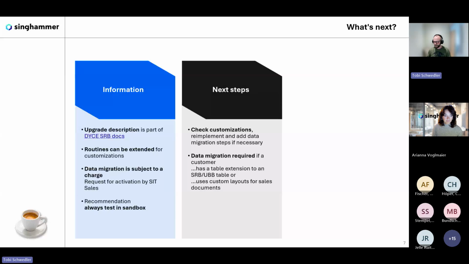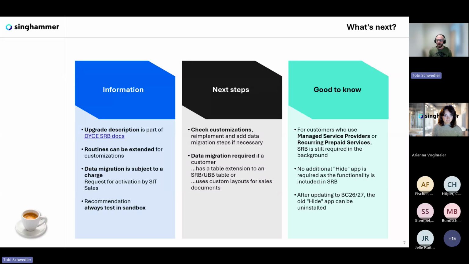Let's talk about it. Once you're done with this, in most cases you will be able to uninstall DYCE subscription recurring billing and usage-based billing because you won't need them anymore, except if you're using managed service providers or recurring prepaid services.